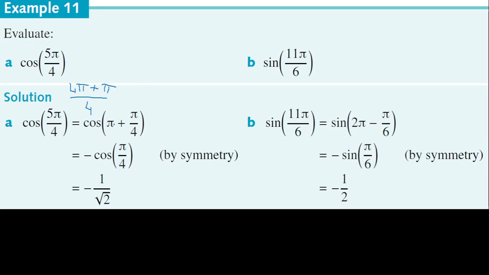The first one is pi, and then you use a symmetry. In the second quadrant, only sine is positive, so you write negative cos, and cos of pi on 4 from the previous slide is root 2 on 2, or 1 over root 2, and you have a negative.